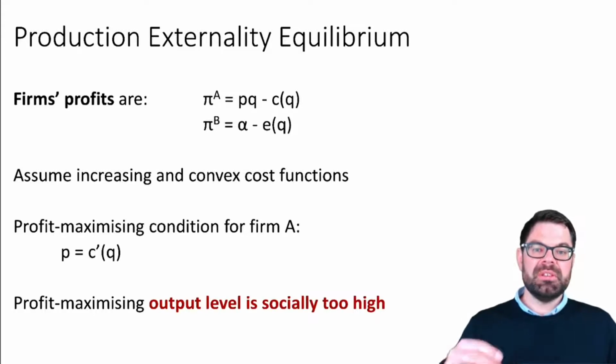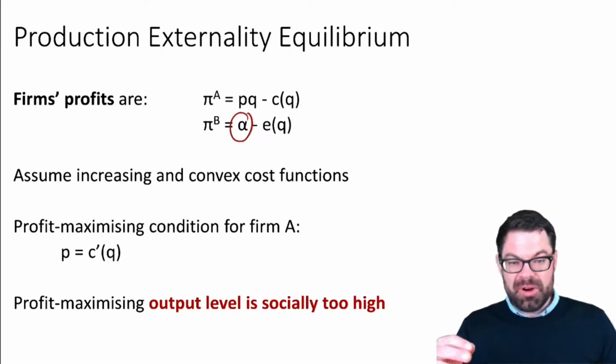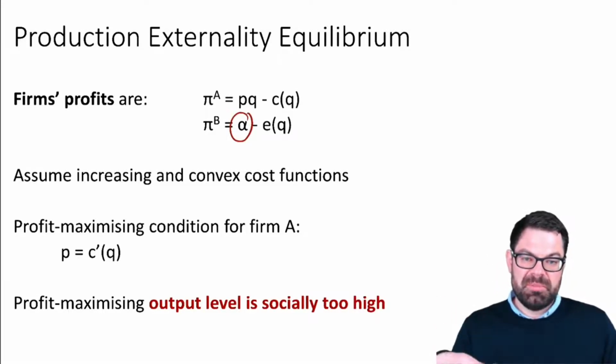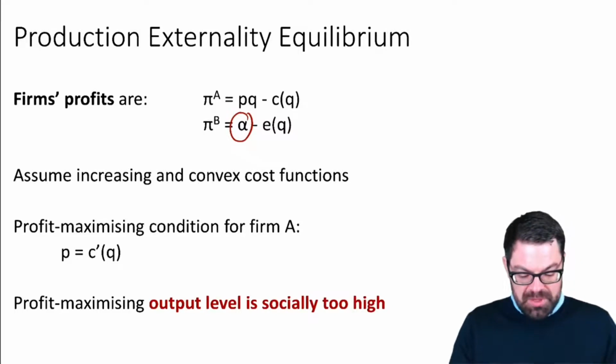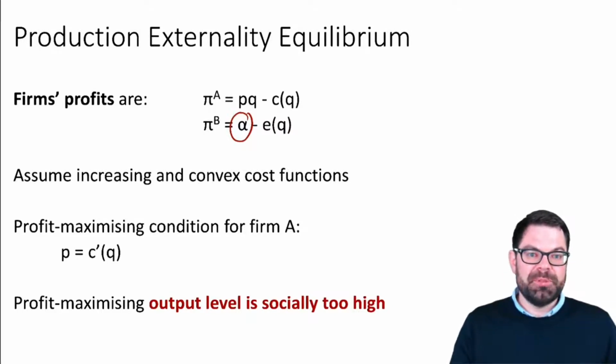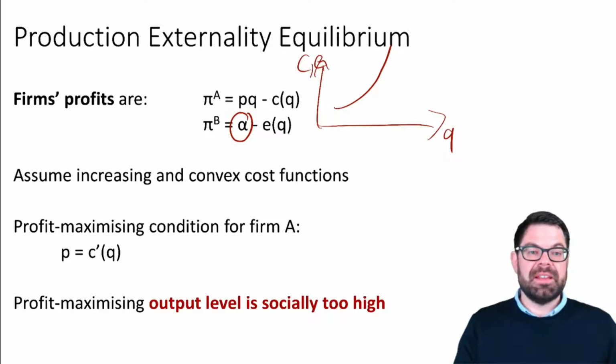Right? So here we have the profit functions for both firms. For firm B, we assume that its profits are constant. It's just a parameter alpha. And for firm A, the profits depend on how much that firm produces. And we assume for both firms that we have increasing and convex cost functions, which means that the cost function for each firm looks something like that.